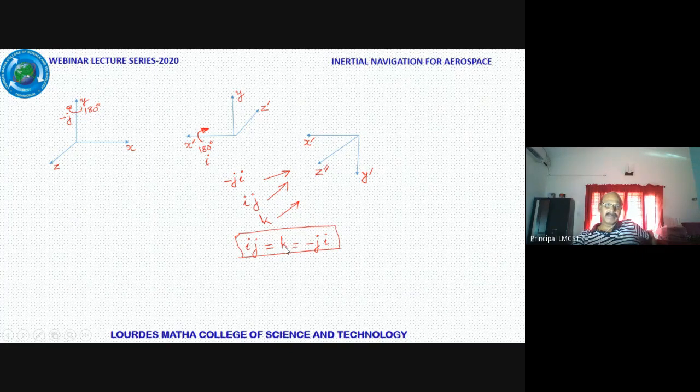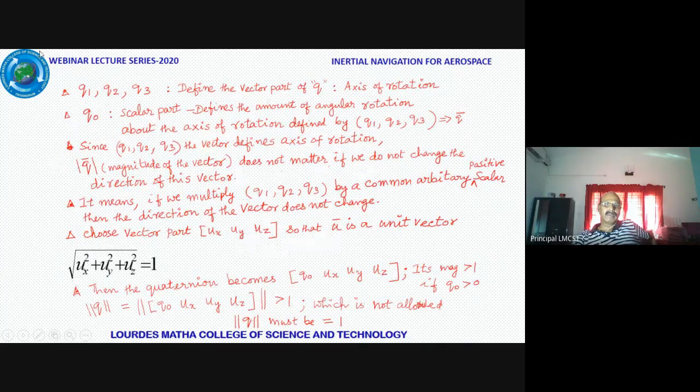Okay. Now, having done that, the Q1, Q2, Q3 define the vector part, and now we are going to give it another name. These three define an axis of rotation.